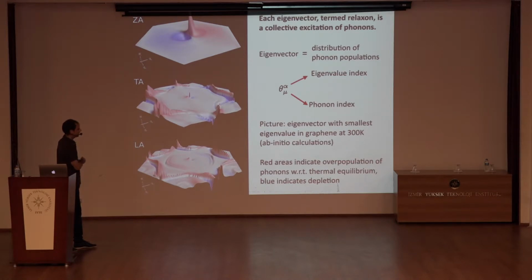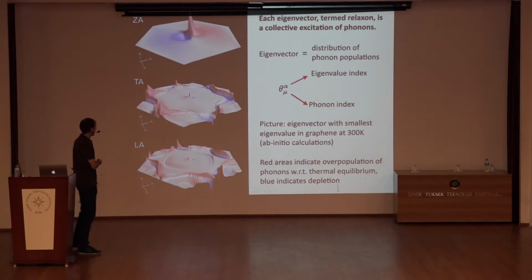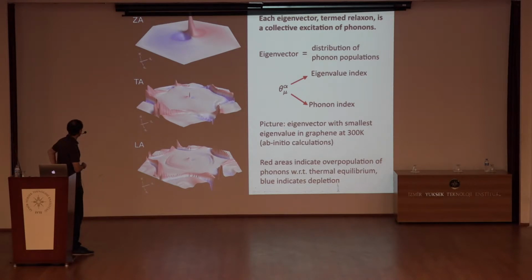And just to give a practical example, here I'm showing what happens in graphene at room temperature. This hexagonal object here is the Brillouin zone. And all of these branches belong to the same eigenvector because this index mu spans over all possible phonon states. These colors indicate how phonons are displaced out of equilibrium. For example, in this particular case, this eigenvector is going to displace a lot of phonons out of equilibrium in the long wavelength region.